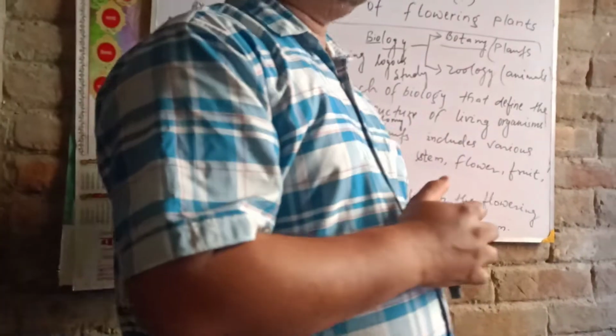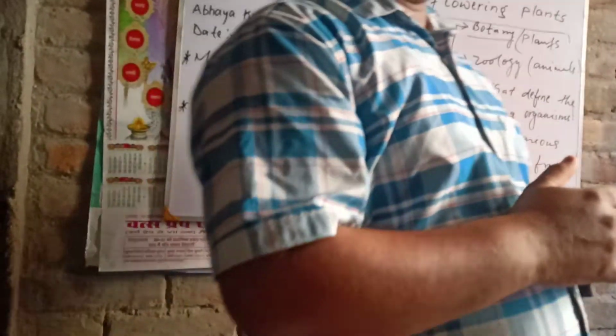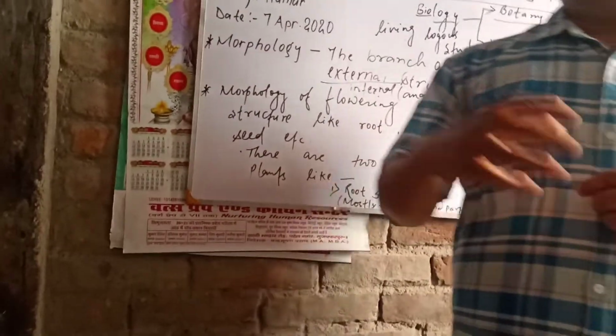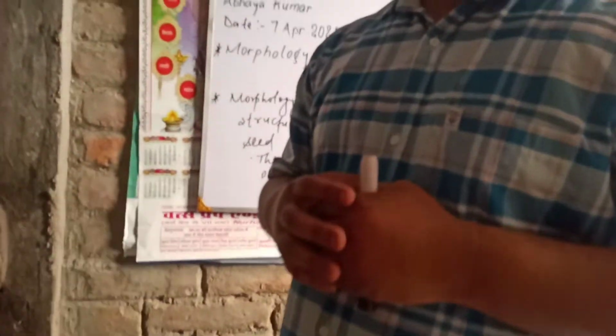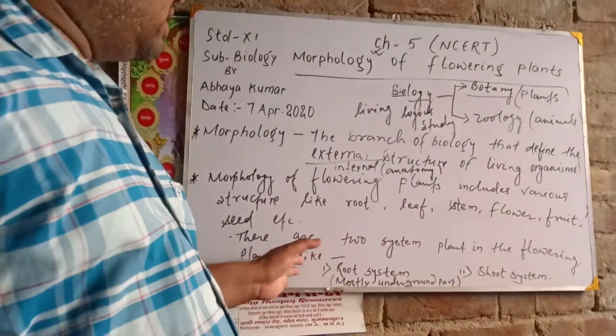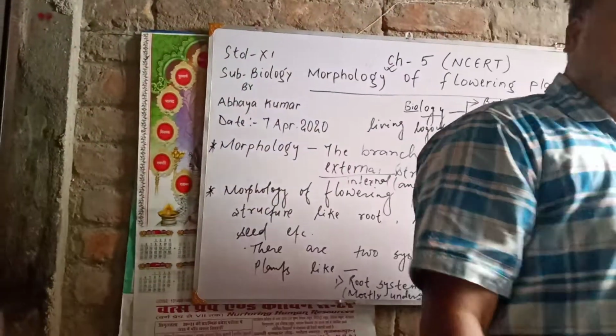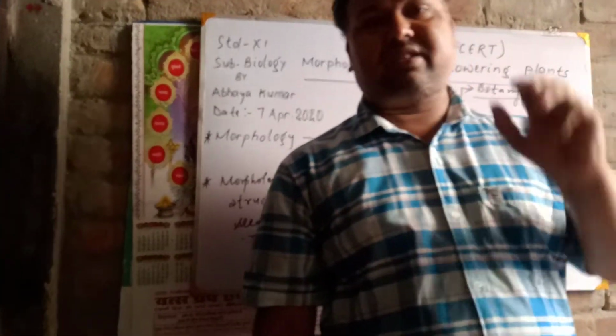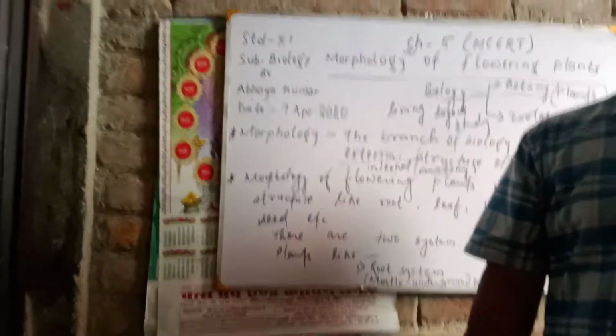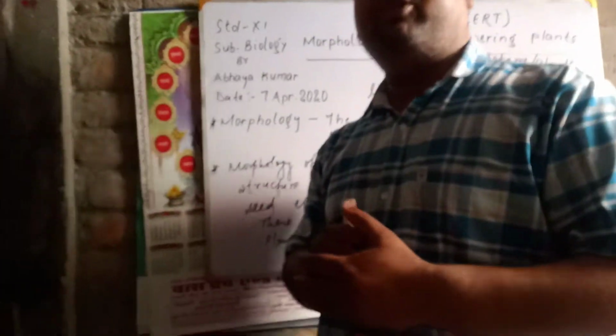Almost all parts we can observe in the shoot system like branches, flower, fruits, seeds, nuts, buds, etc. In this chapter, firstly we study about the different structures of the plant, external structure of the plant, and their function and their modification.